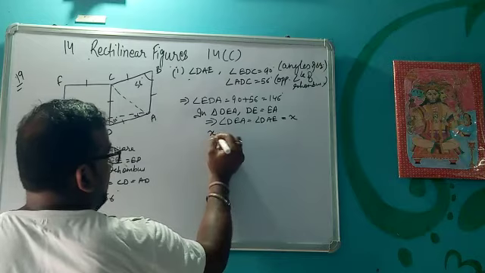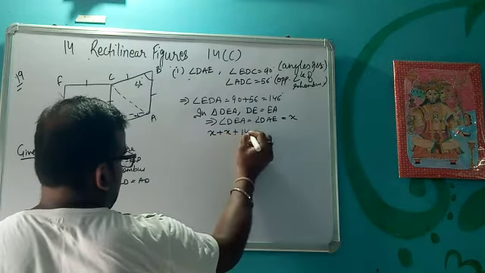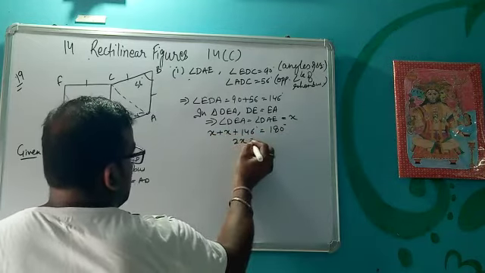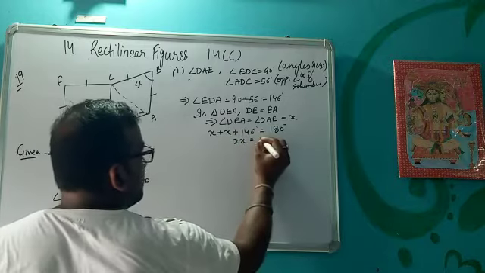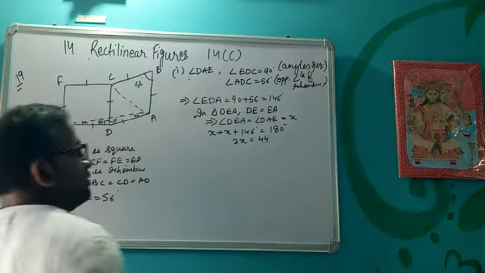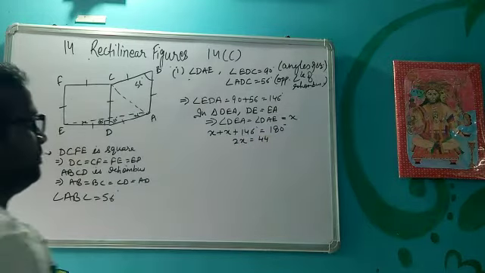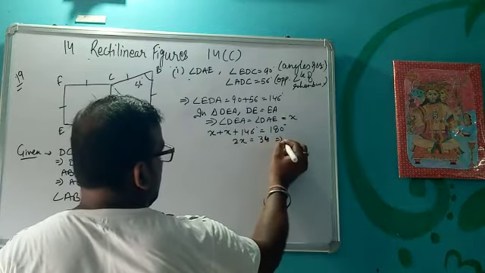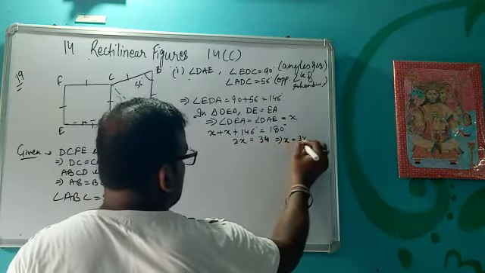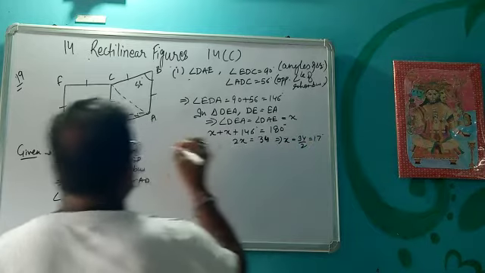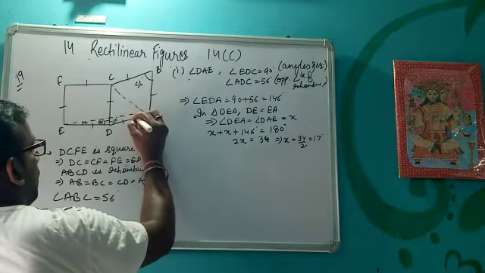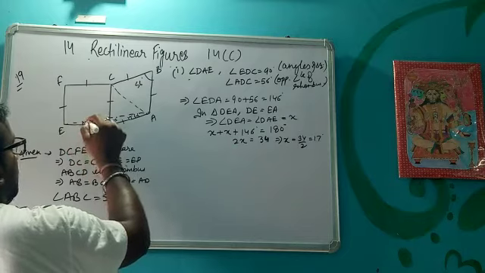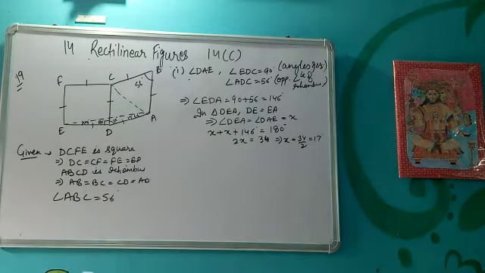So we can say that 2x plus 146 equal to 180 degrees. 2x we will get as 34 degrees. So from here we will get x equal to 17 degrees. So this angle is 17 degrees, and this is also 17 degrees.